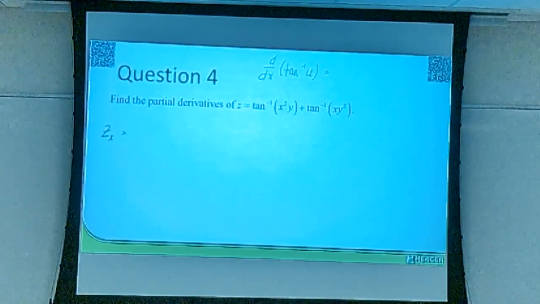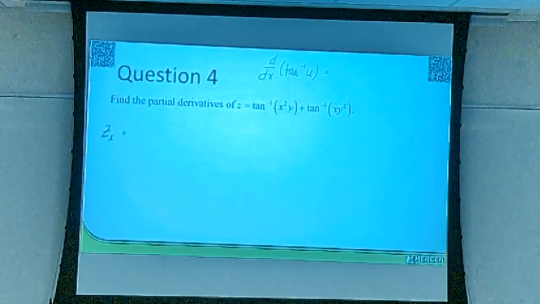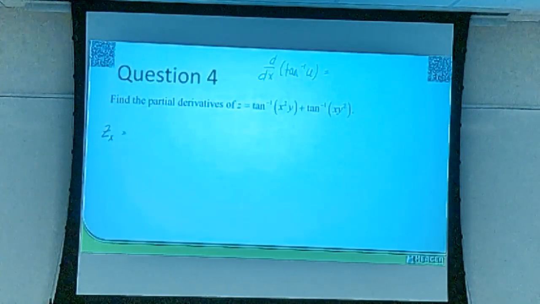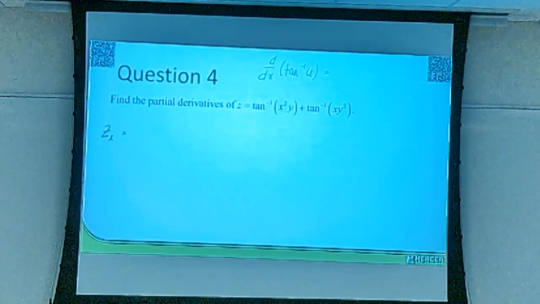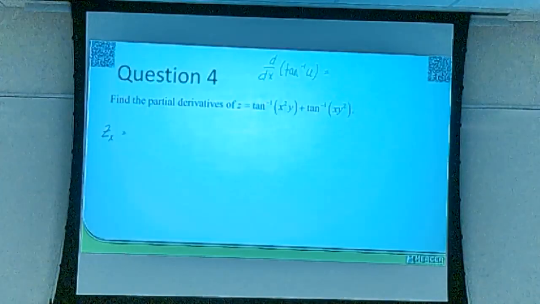What's the derivative of an inverse tangent function? It's really not a question, isn't it? God, I wish it was. And people are trying to retire. 1 over u. No, 1 over 1 plus u. No, okay, not sure.